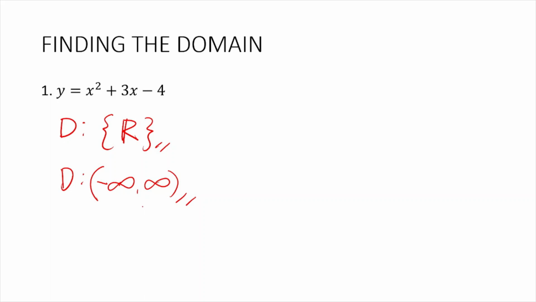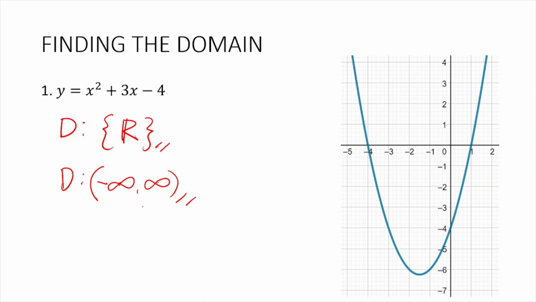We can also check by looking at its graph. This particular function is a quadratic function, so its graph is a parabola, right? So this is its graph. This will go on and on without bound. This will also go on and on without bound. So this function can take on any x value, because there are no restrictions.